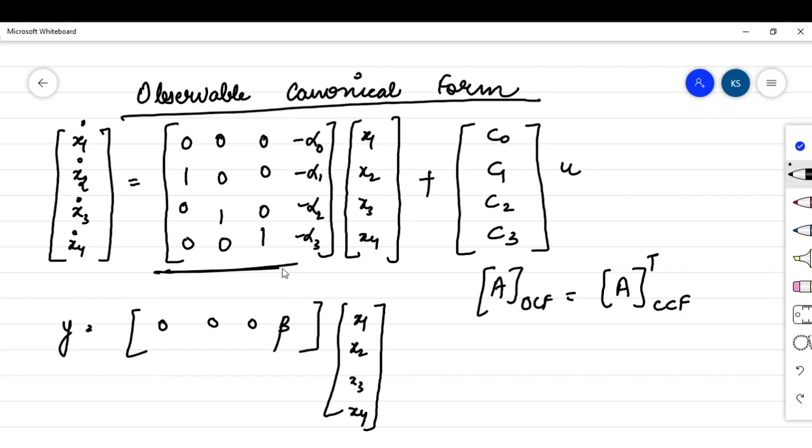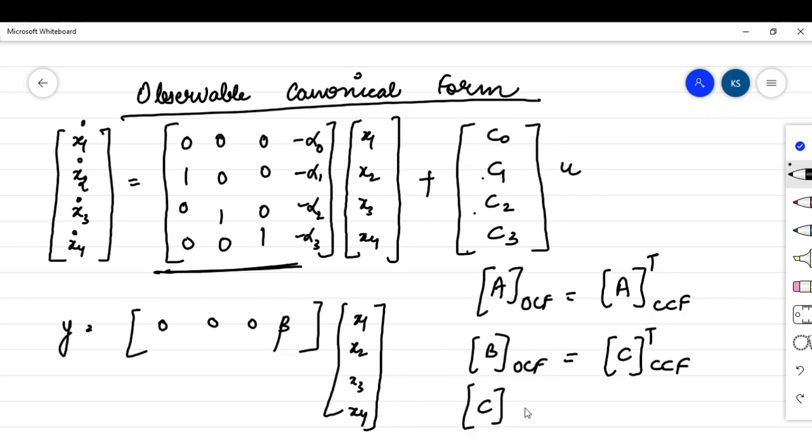You will find the input matrix of observable canonical form. The B matrix in observable canonical form is equal to the transpose of the C matrix in controllable canonical form. You will observe it as C0, C1, C2, C3 as the input matrix B in observable canonical form.